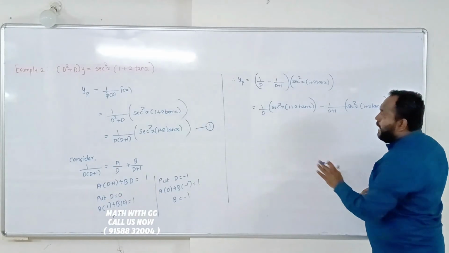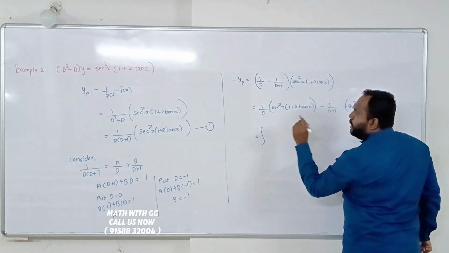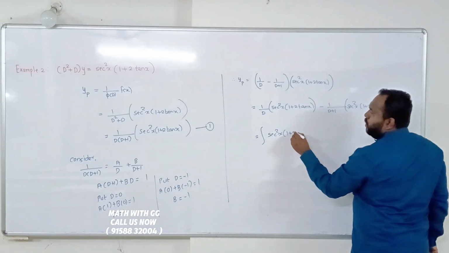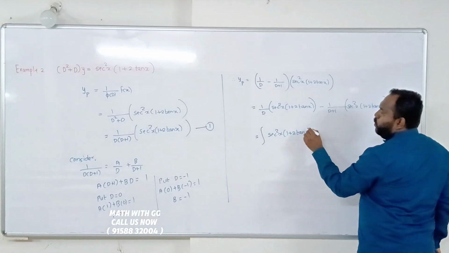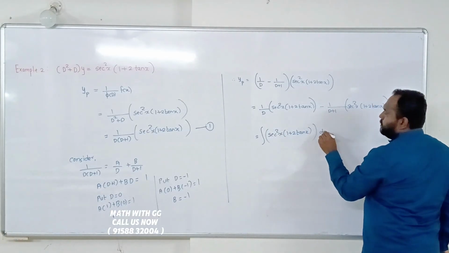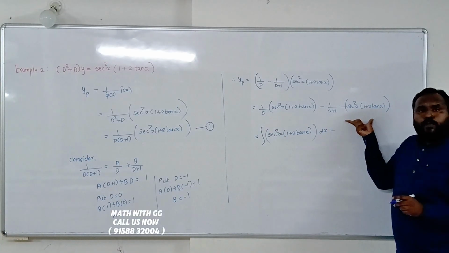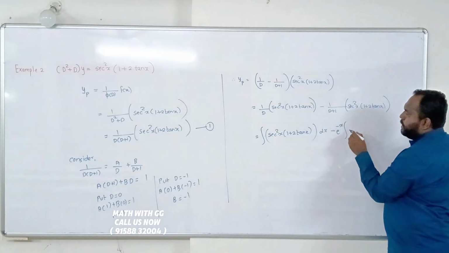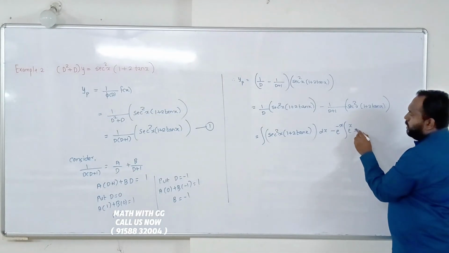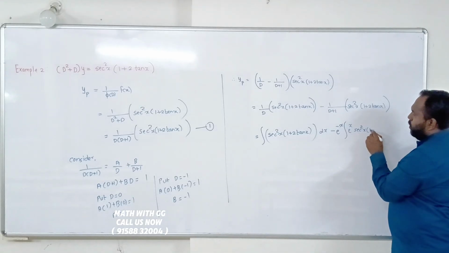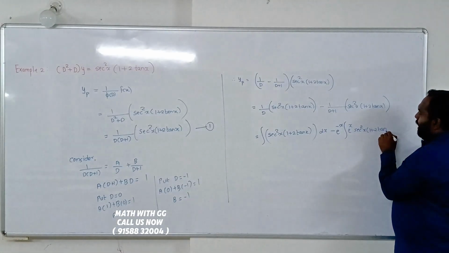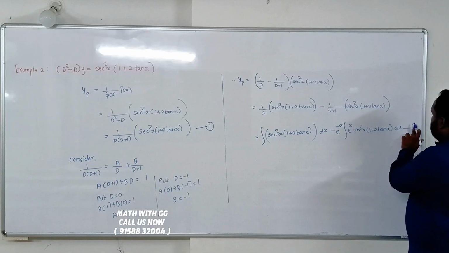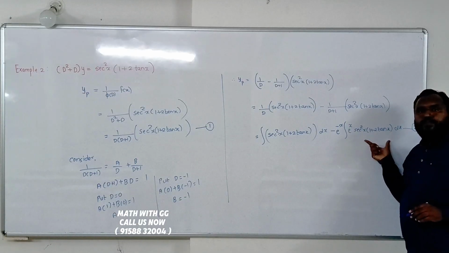So, we can write this as integration of sec square x into (1 plus 2 tan x) dx minus, using the formula of general method, e raised to minus x integration e raised to x sec square x into (1 plus 2 tan x) dx. Let us call this equation number 2.